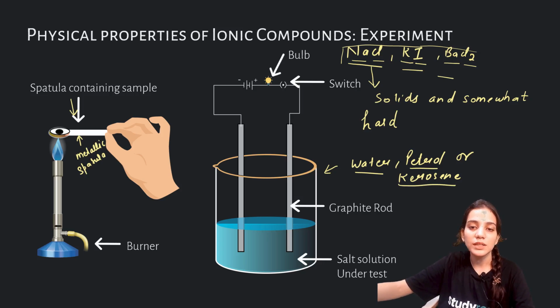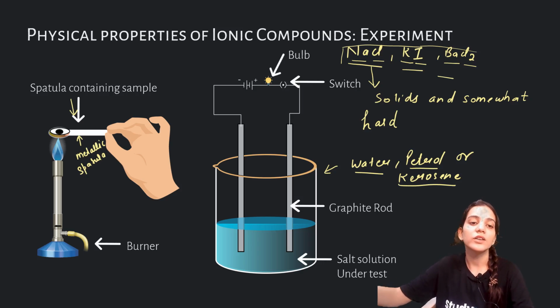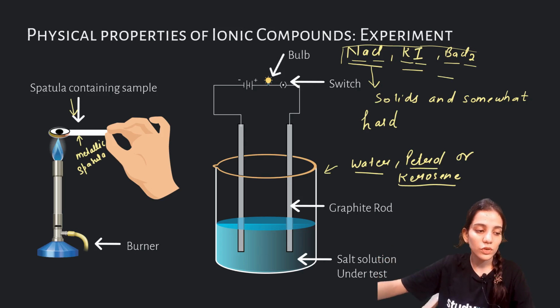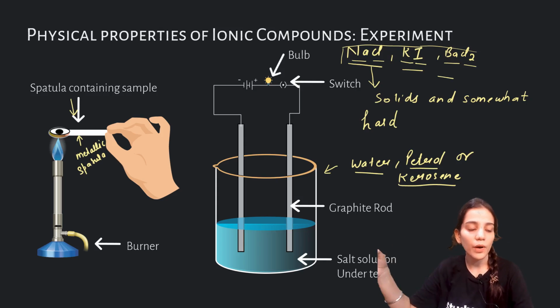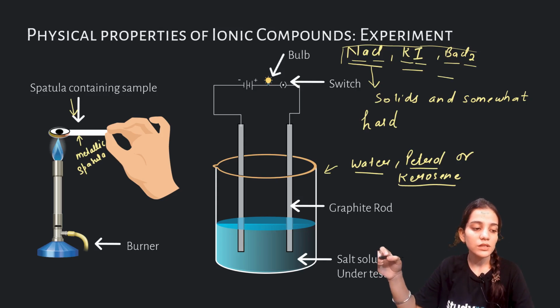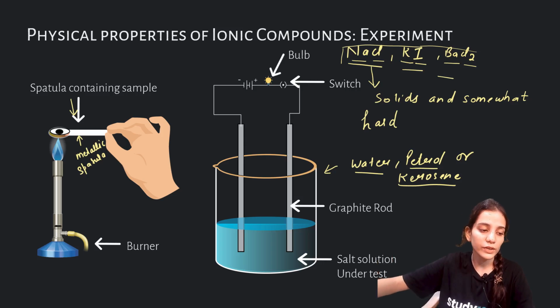Suppose these substances are dissolved in water, and now we have to see whether the bulb will glow or not. So we have to check the conduction of electricity. A solution of an ionic compound in water contains free ions, which move towards the opposite electrodes when electricity is passed through the solution.